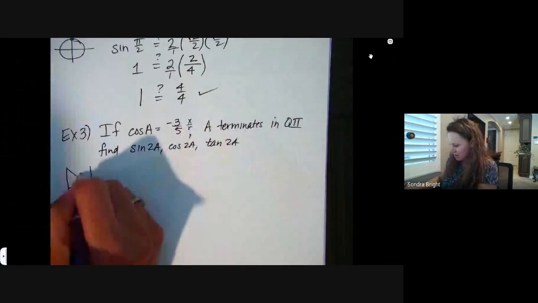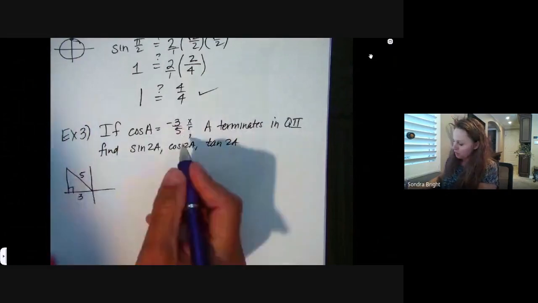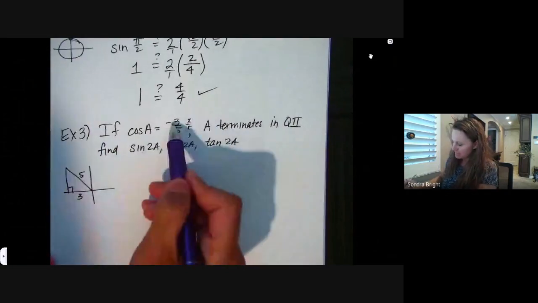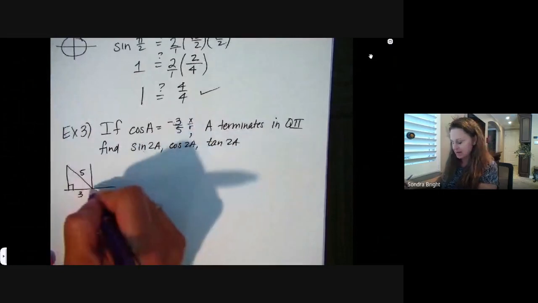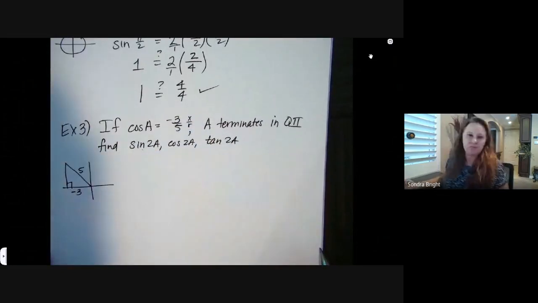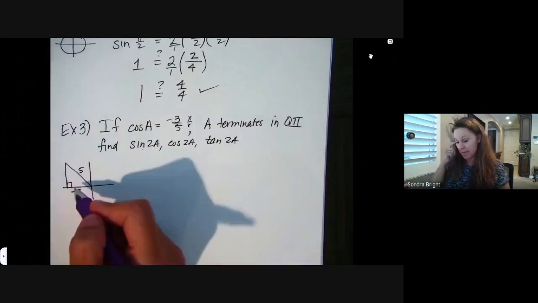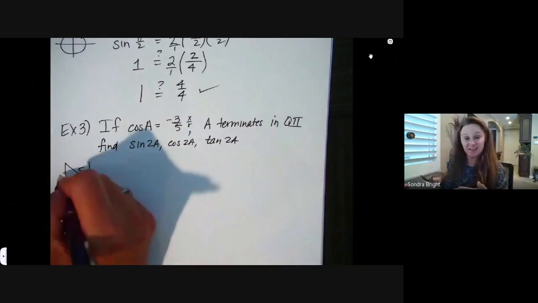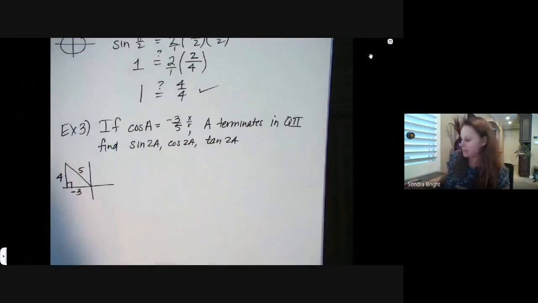It's a negative though, so which one's the negative? Well, r is always positive, so it's your x that is a -3. This is obviously a 3, 4, 5 triangle, so I know that the y value is 4. But if it's not an obvious one, use the Pythagorean theorem to find that missing side.